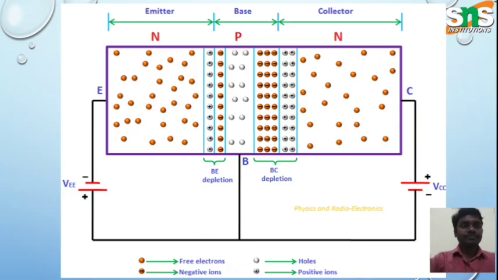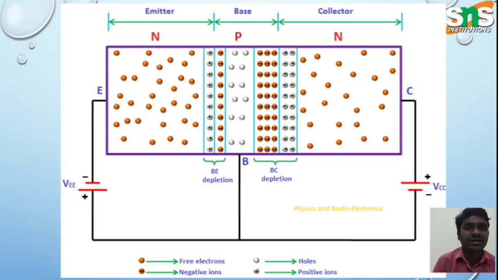Both recombine and reach the collector. By applying positive ions through the collector, it will attract the electrons, so they easily transfer from base to collector.